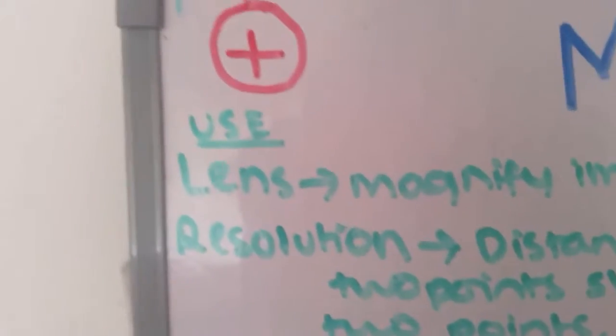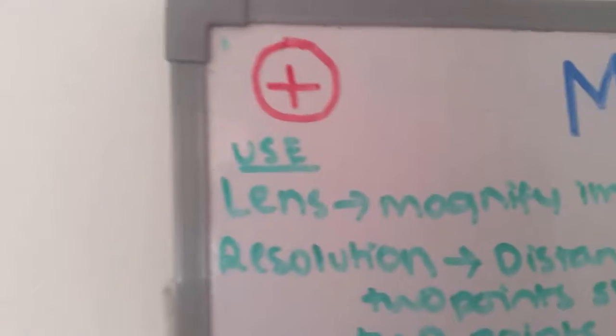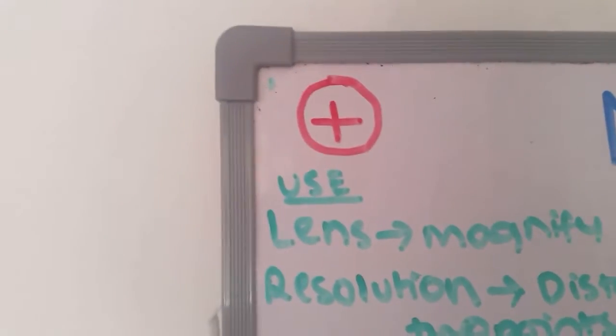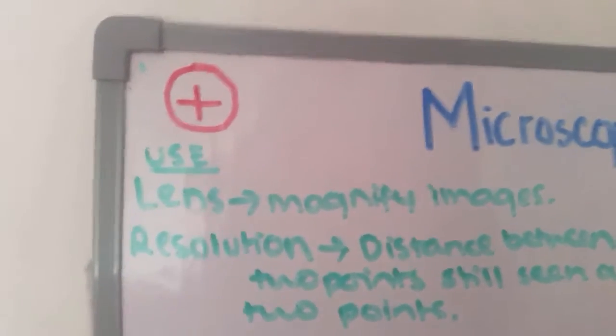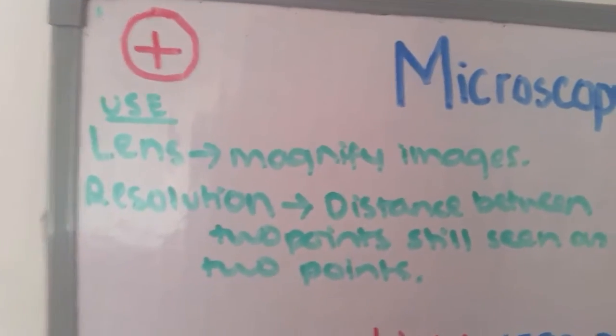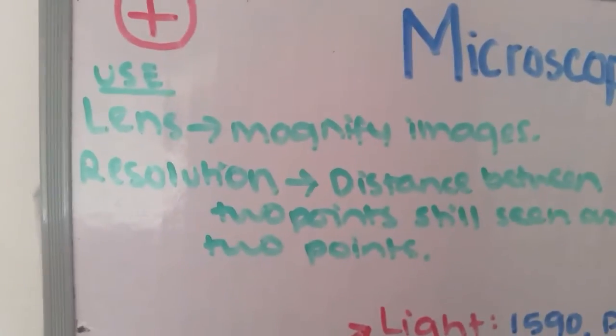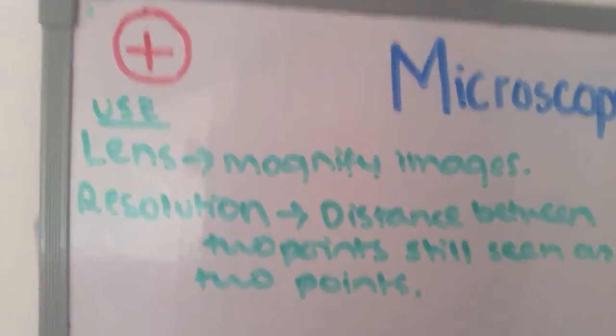Now what are lenses? They are basically pieces of glass which help to magnify certain images, and they also allow you to see certain images in focus, which is kind of what resolution is all about.